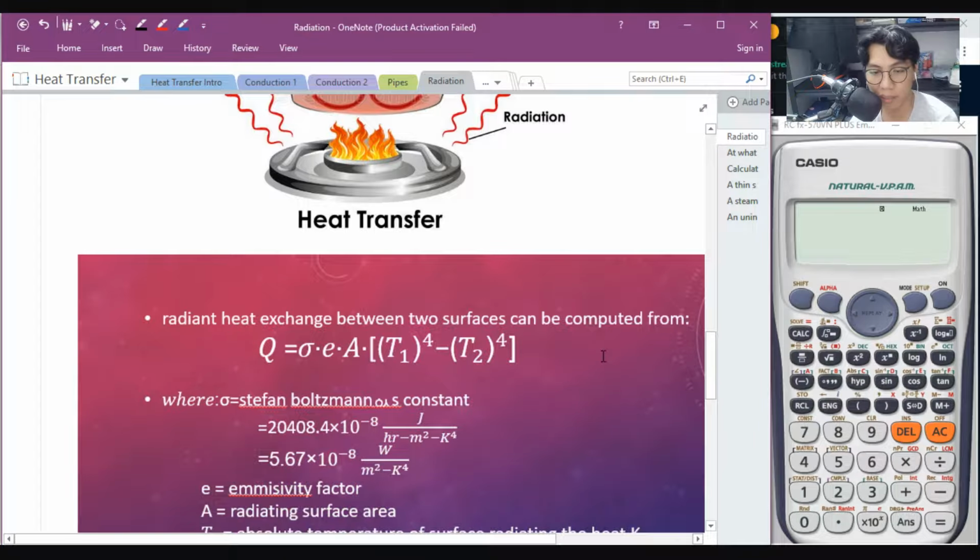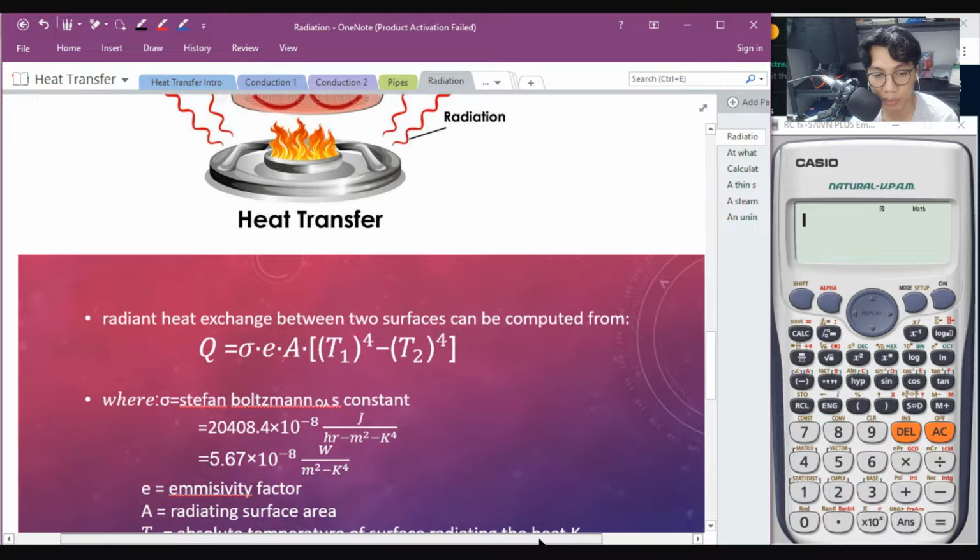And it can be calculated using the formula where always sabi natin that heat is expressed in the alphabet Q, where it is equal to, ito ang tawag dito is the Stefan Boltzmann constant, multiplied to the emissivity, multiplied to the area that is projected, yung area projected of the heat transfer, multiplied to T1.